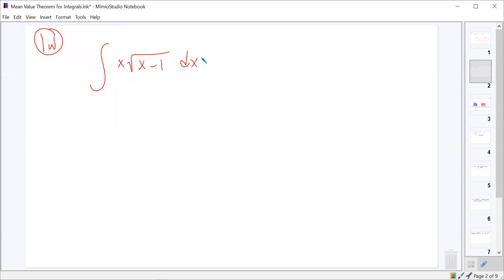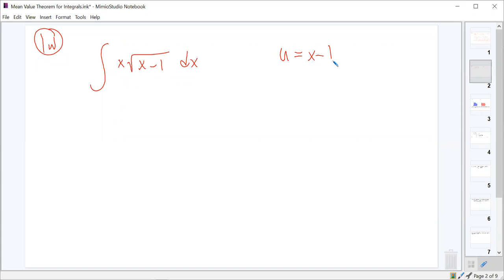So same thing here. We're going to have to do a u substitution because we have a function x times another function, root x minus 1. And there's no way to distribute this through here nicely to make it work out with the power rule. And so we'll have to do a u sub to try to get it rearranged so that we can use the power rule.